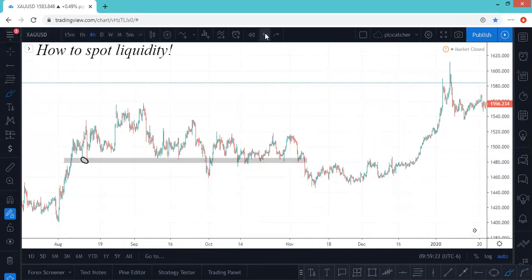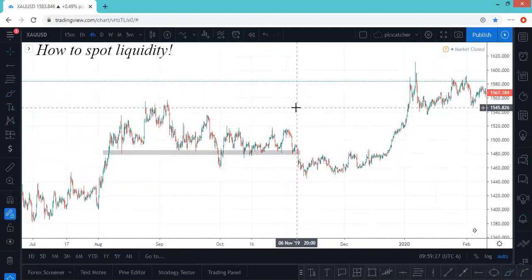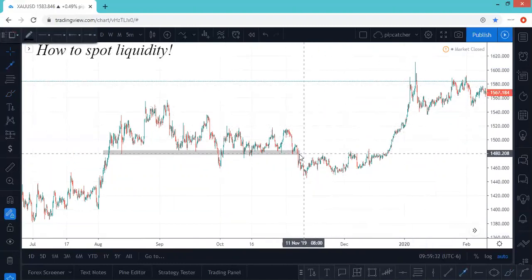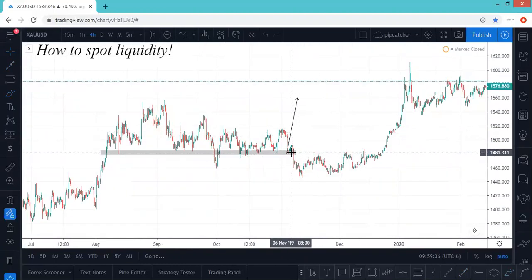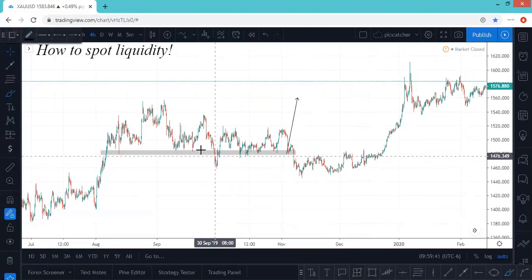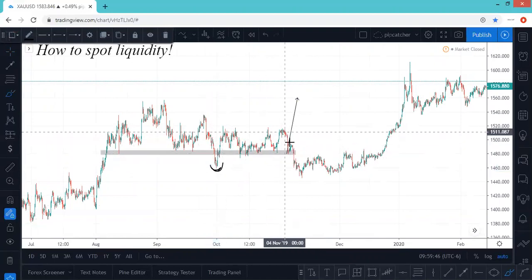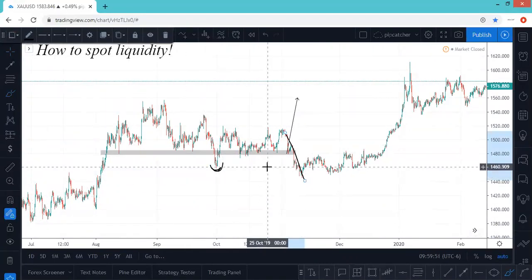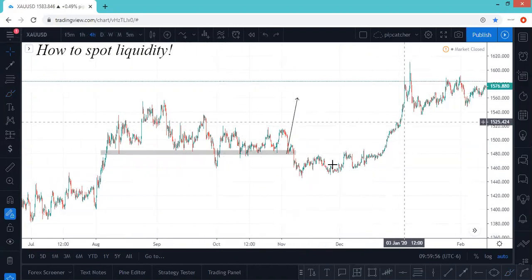Imagine if there are people buying this area. Imagine people have orders they want to buy, but you see right here this lower point of liquidity, price just barely dips below that area, and then trades up.